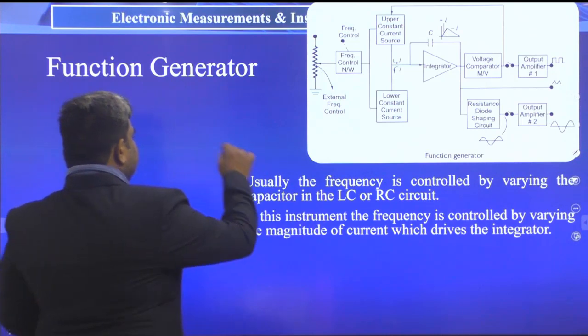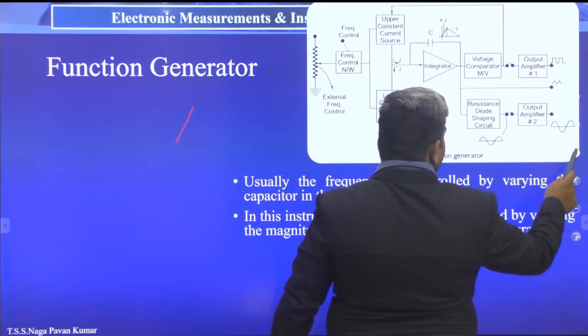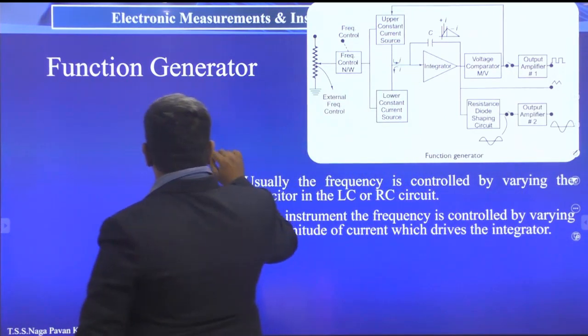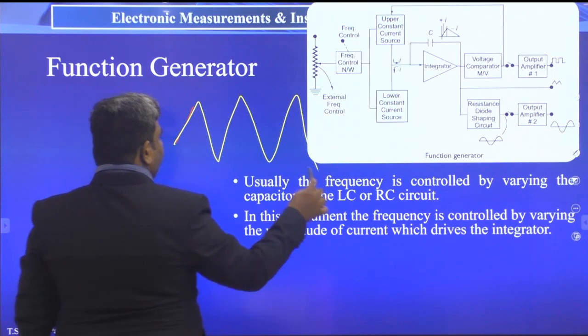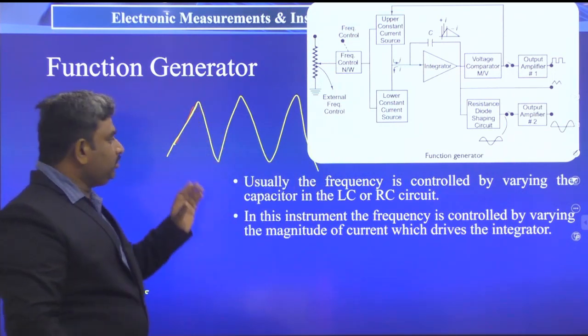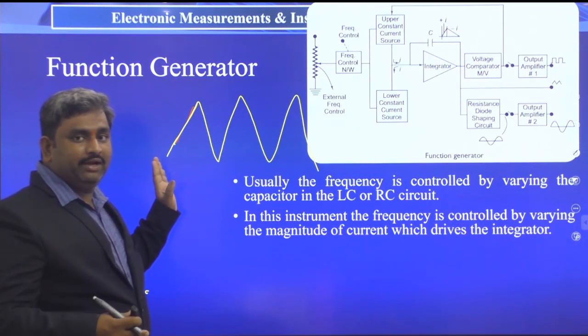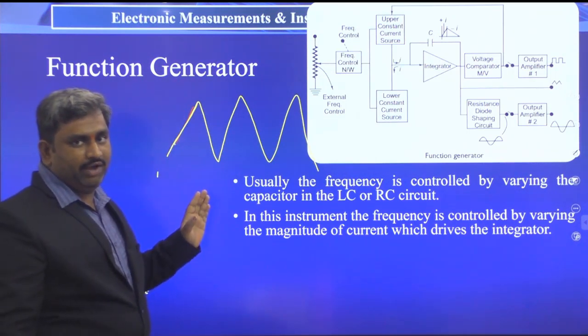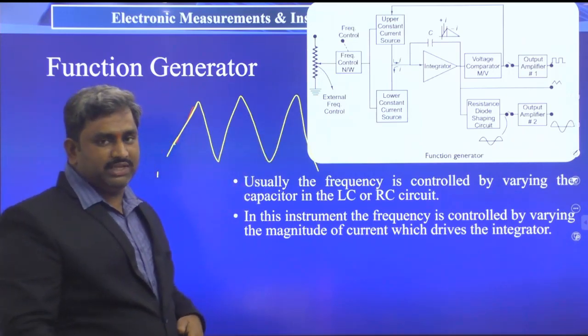I said previously that we will get an output signal in triangular waveform at the integrator. So the output of the integrator is a triangular wave. Generally the integrator gives the output linearly, either an increasing or decreasing value, based on the predefined values of the upper and lower constant current sources.